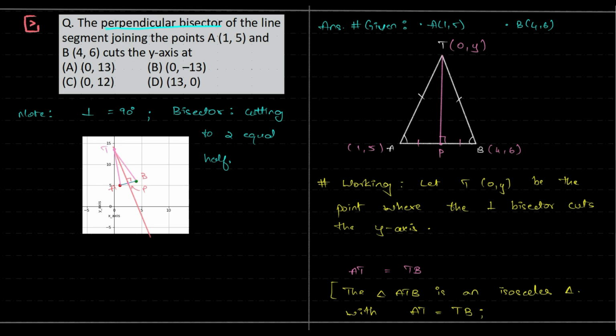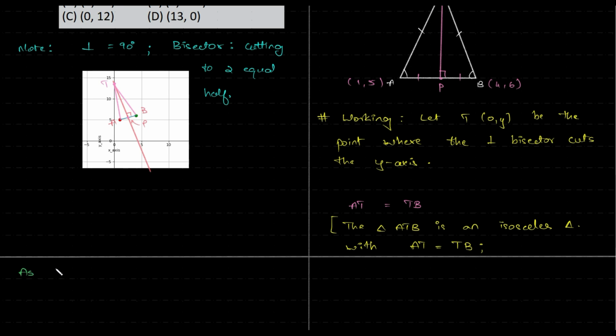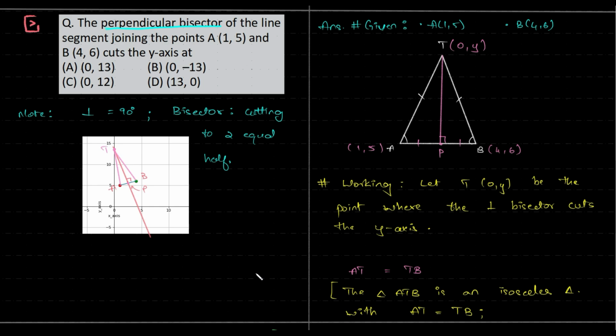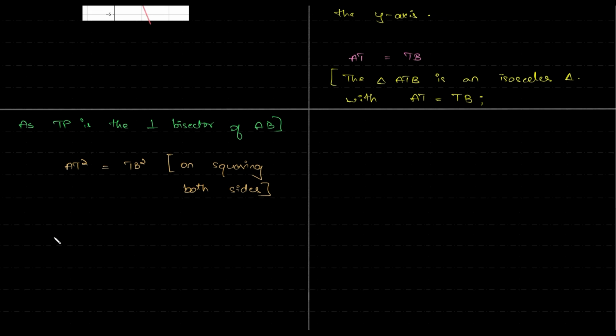TP is a perpendicular bisector of AB. Okay guys, so this is the entire funda. And with this understanding, all we have to do is AT square is equal to TB square, on squaring both sides. And now we'll use the distance formula and figure out the value of y.